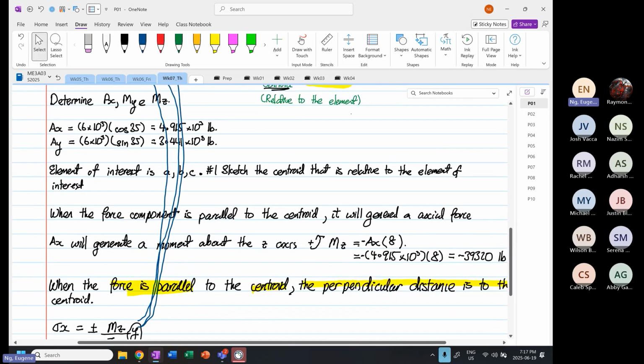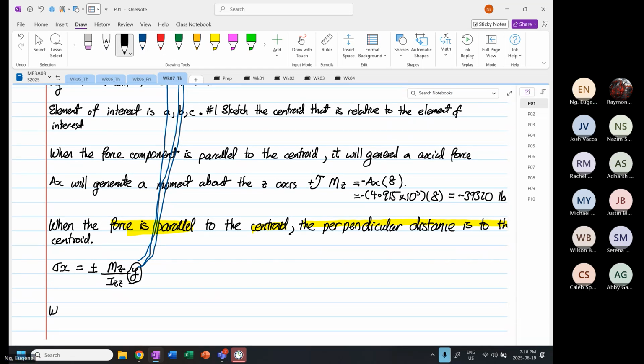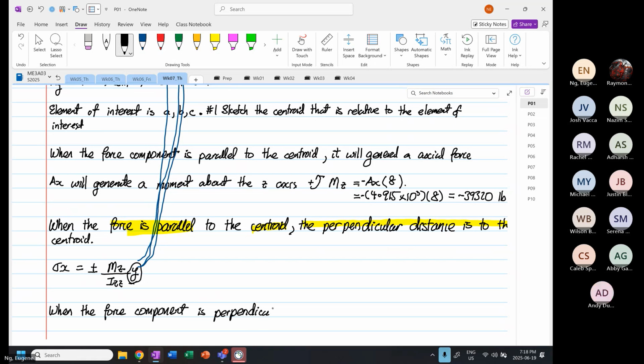Okay, so when the force component is perpendicular, okay, perpendicular to the centroid, right?